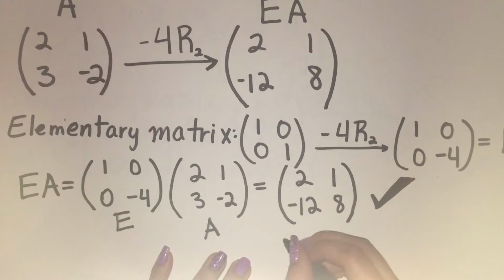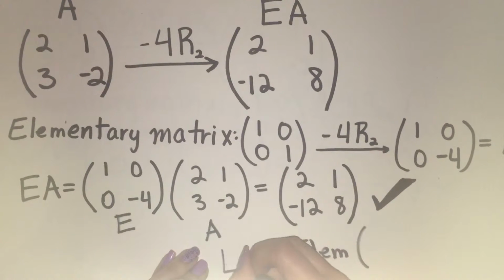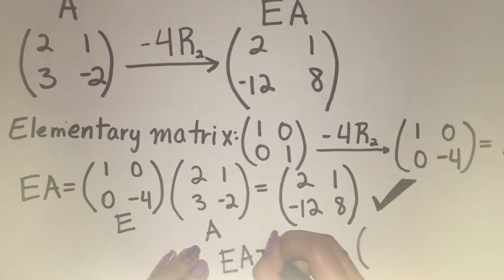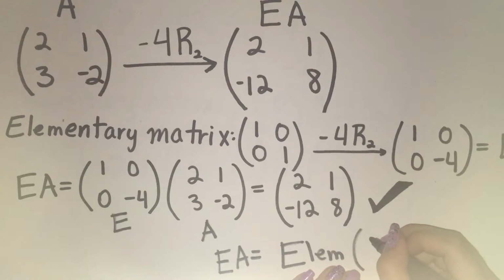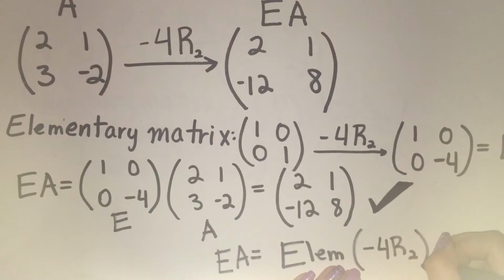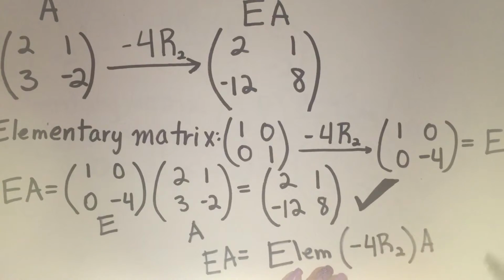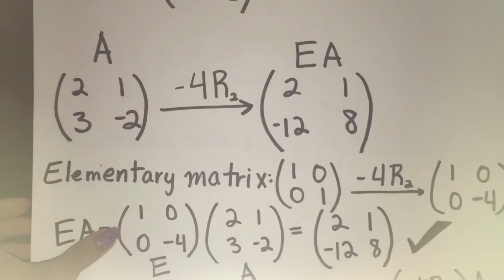Therefore, that is also written in this form: EA equals the elementary row operation of negative 4, row 2, times A, which gives us this matrix. That is the second case.